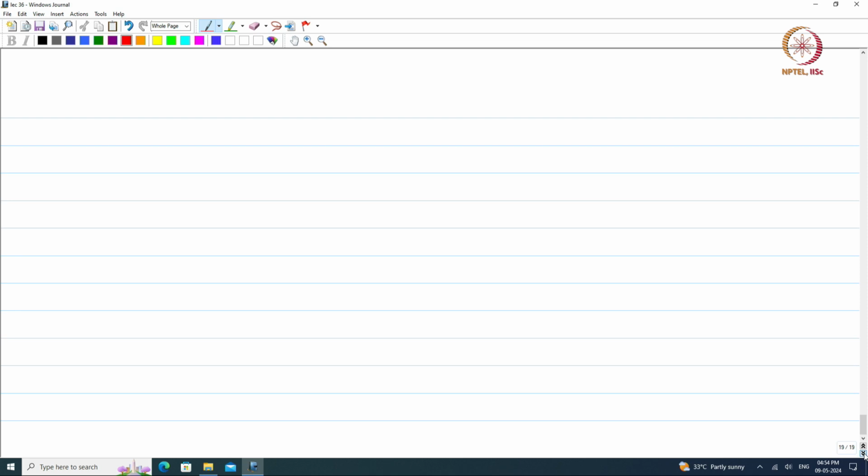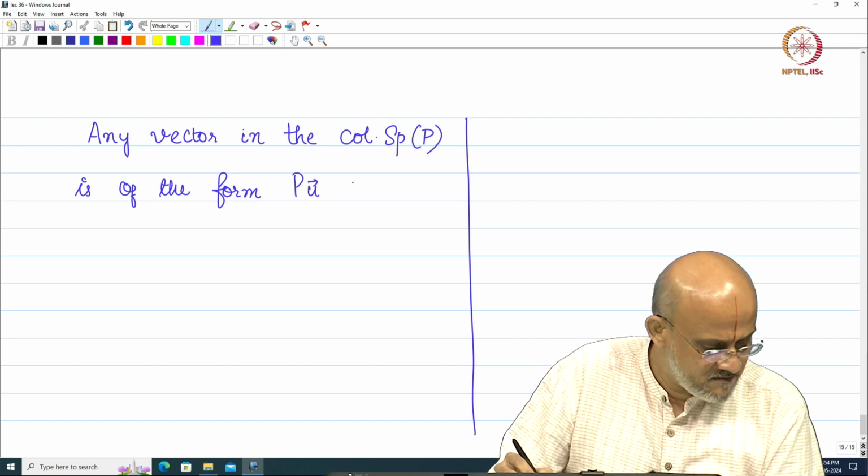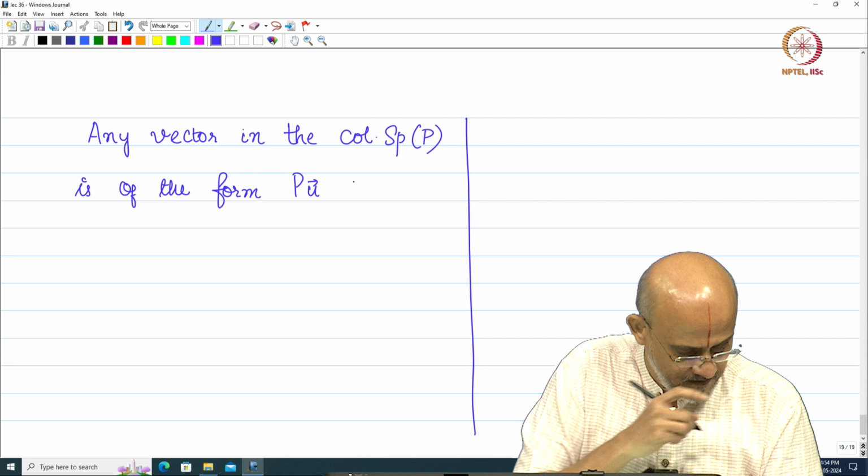So let us look at this. Any vector in the column space of P is of the form Pu for all u.